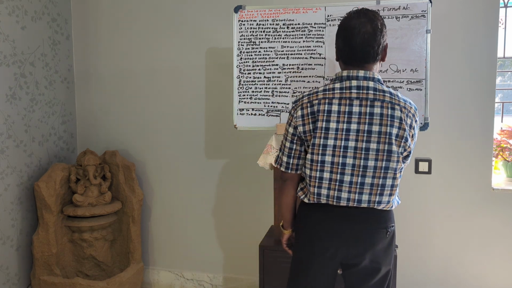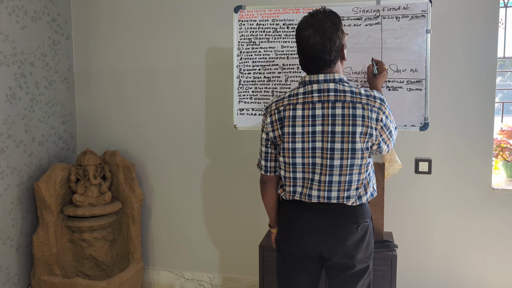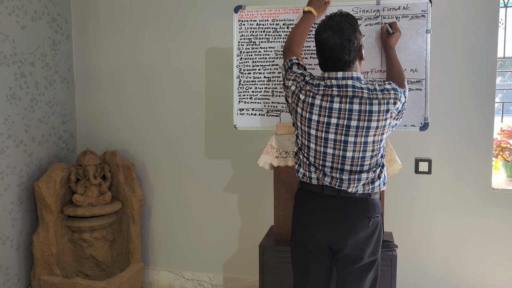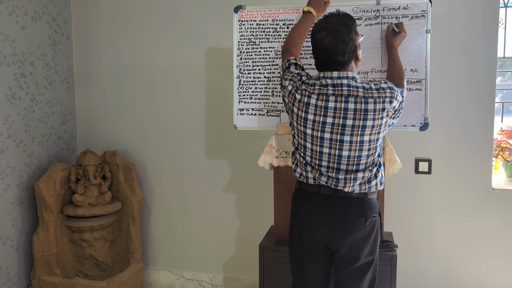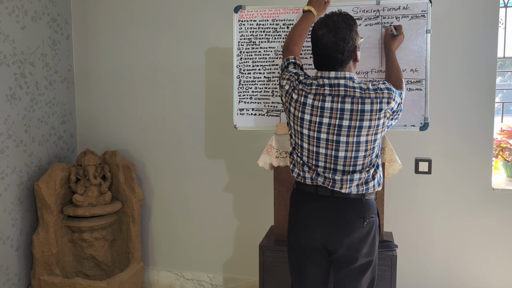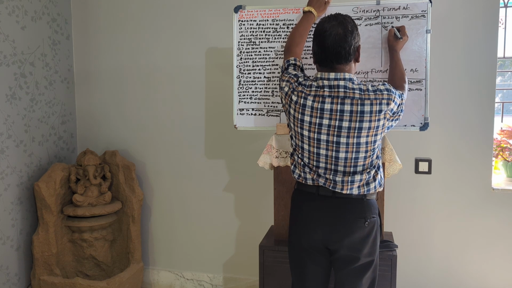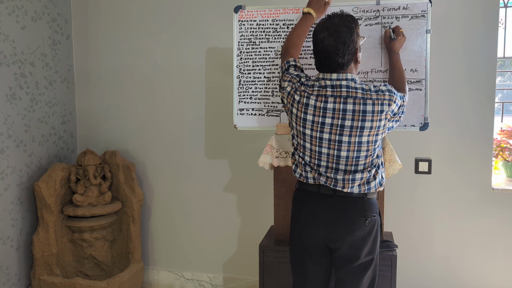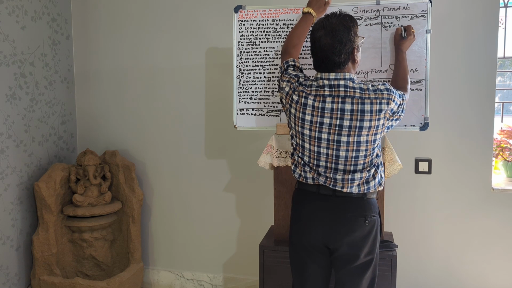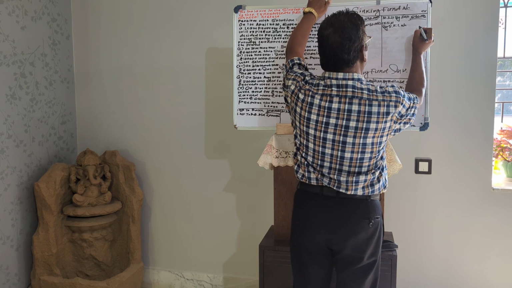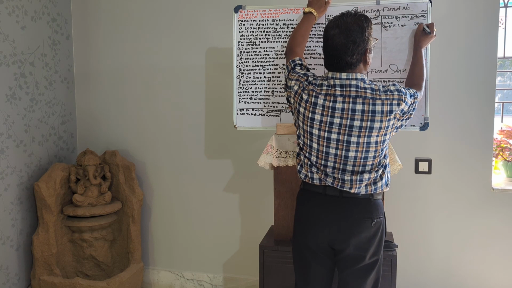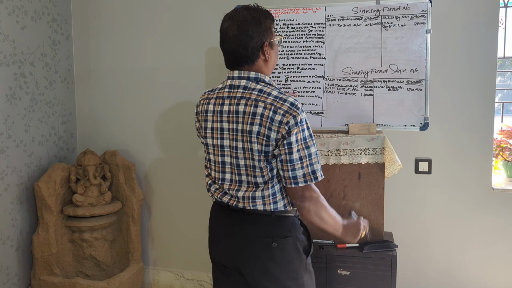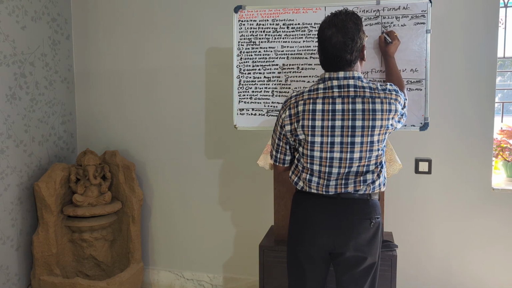Here the profit is sinking fund investment to sinking fund. So sinking fund account credited by sinking fund investment account, that is profit. Profit is here 20,000.